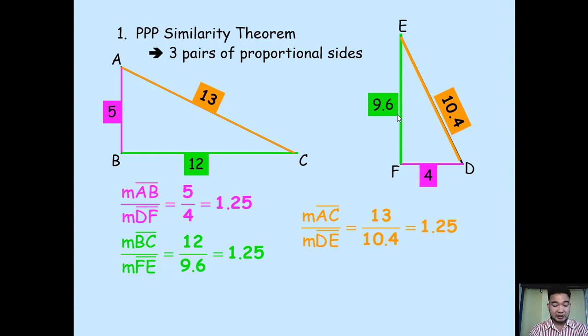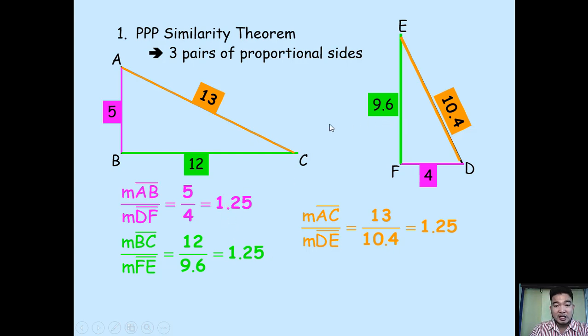Let us divide 13 by 10.4, which is equal to 1.25. Then 12 divided by 9.6 is also 1.25. Meaning, we have three pairs of proportional sides here since we have equal proportions. All of them are 1.25.